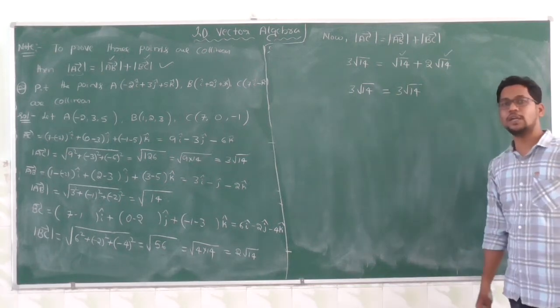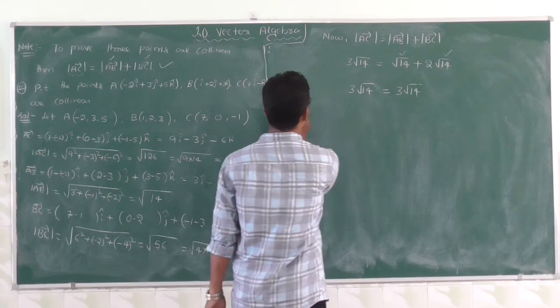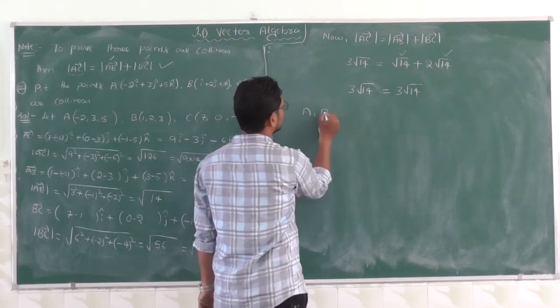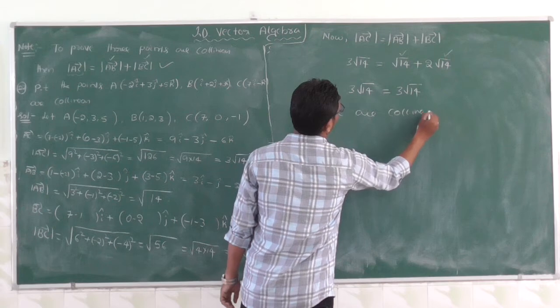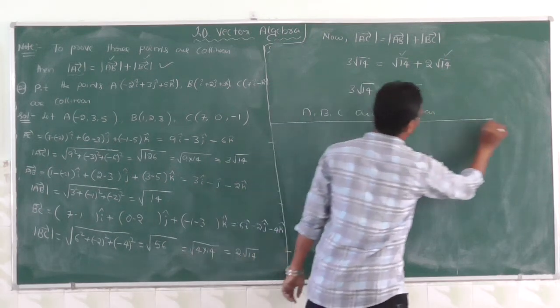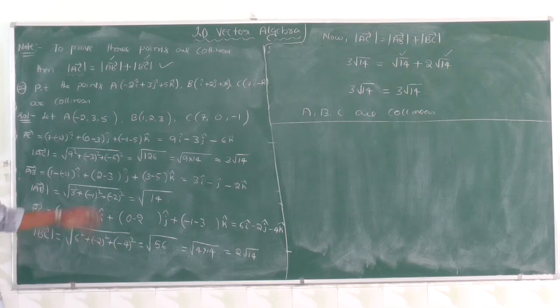Is this equal? Yes, equal. Therefore, the points A, B, C are collinear. Hence, this is the procedure to show that 3 points are collinear.